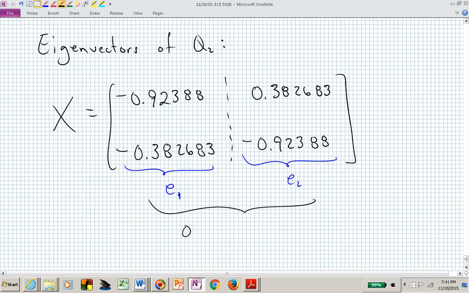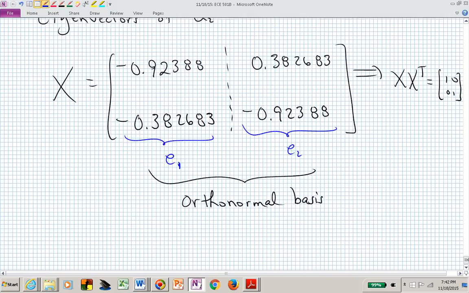E1 and E2 form an orthonormal basis of this two-dimensional vector space. And if we look at what happens when we take X times its transpose, we get the 2 by 2 identity matrix.